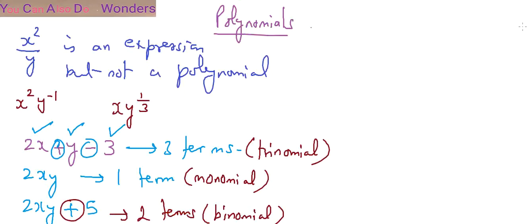Okay, let's take the same 3x square y. There is something called literal coefficient. So literal coefficient means only the literal part, that is the letter part, that means variable part.